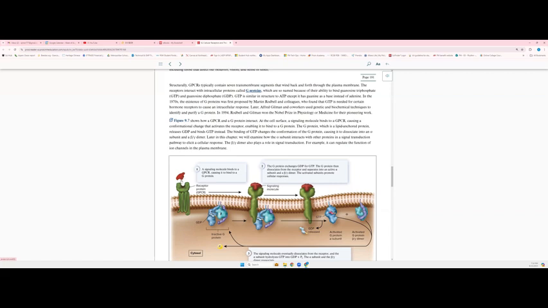Okay, so this is a G protein. This is the ligand, right? When the ligand binds to the GPCR, the conformation is going to change, right?